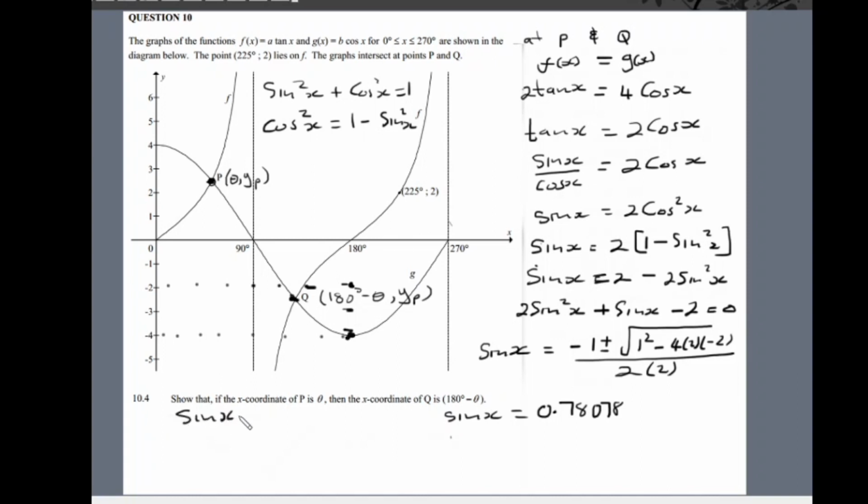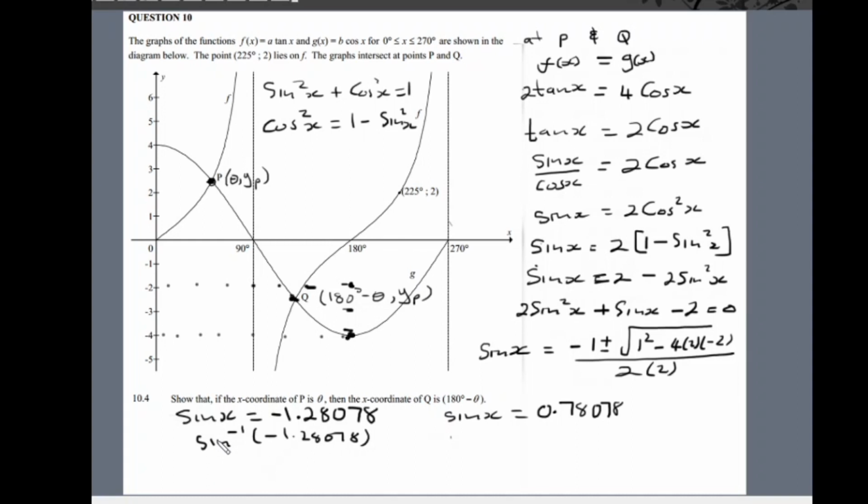And the second solution is sin x is equal to minus 1.28078, right? So now if I say sine inverse of minus 1.28078, you'll see there won't be any solution.